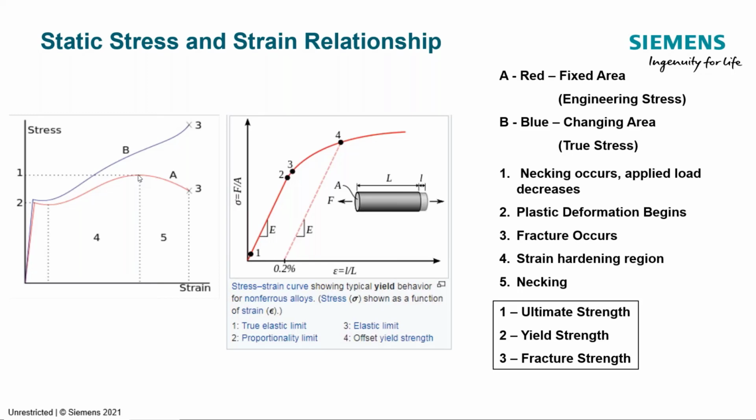That's where we say we fail at one cycle when we get to that load. Now the yield point's not so straightforward because there's a lot of different definitions. So there's a true elastic limit, proportionality limit, elastic limit, offset yield. Typically, we see this 0.2% offset yield. So what is that? First of all, I was used to strain in microstrain, but they also do it in percent.